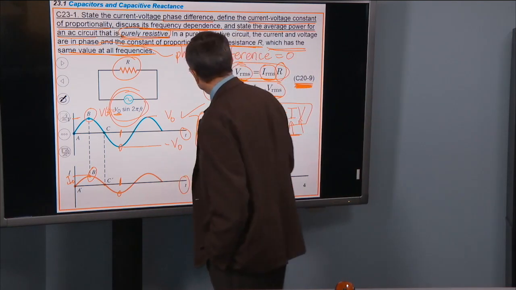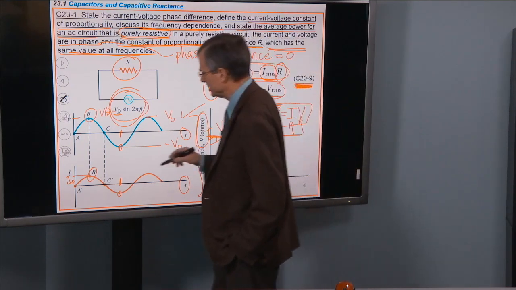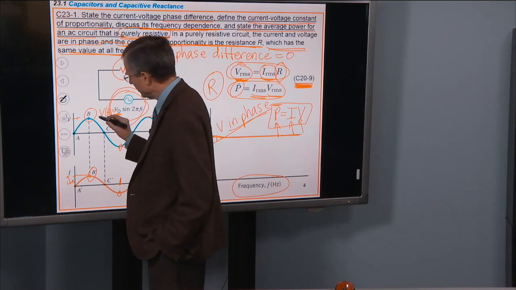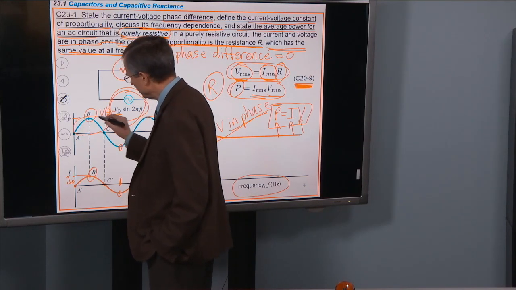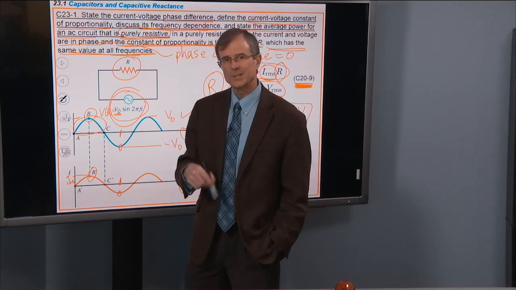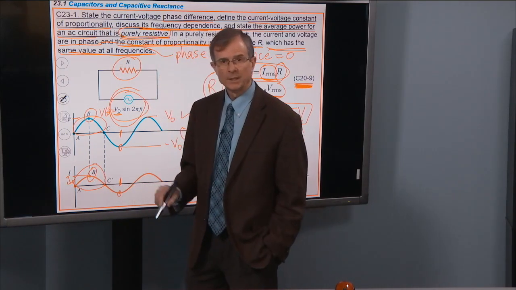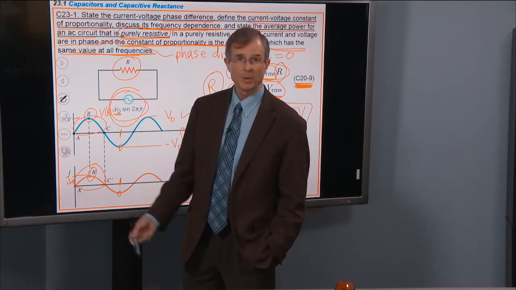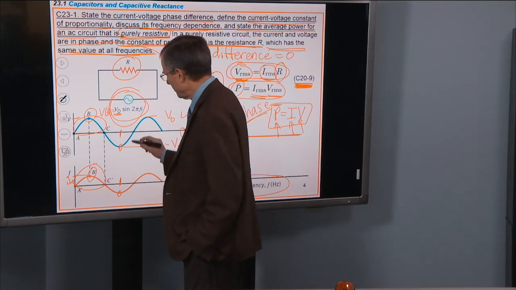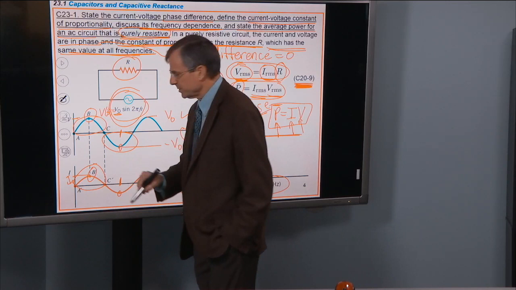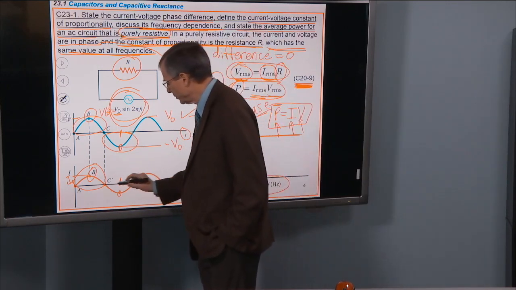The reason we get an average in this case is that wherever the voltage V is positive, current is also positive. Multiply those two numbers together and you get a positive number. Well, what about over here where the voltage is negative? Well, the current's negative too.